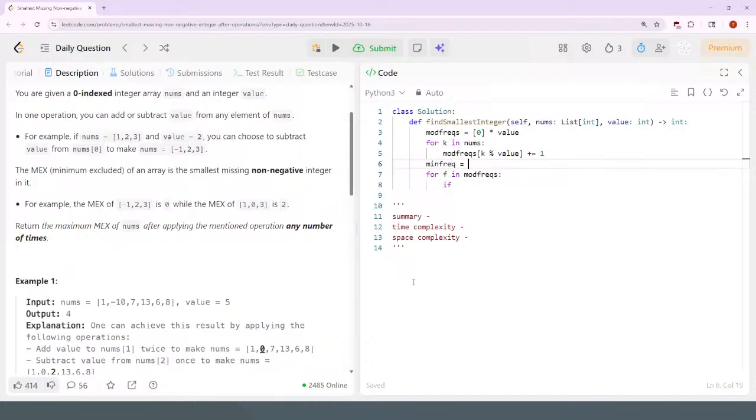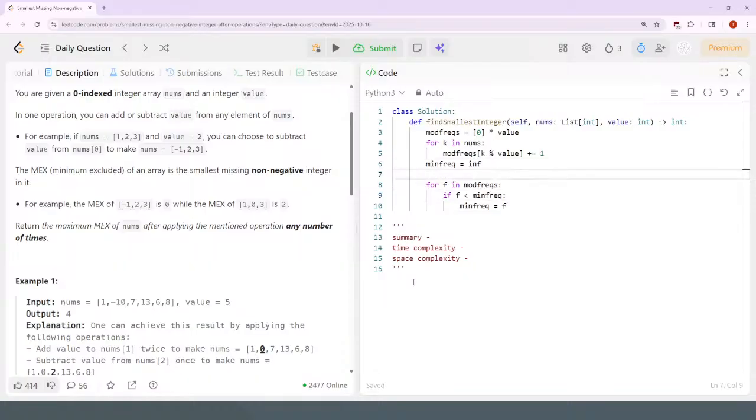Actually, I guess this needs to start with infinite. If f is smaller than min frequency, min frequency is equal to f, and I need to know which slot this is. I need to know the index.